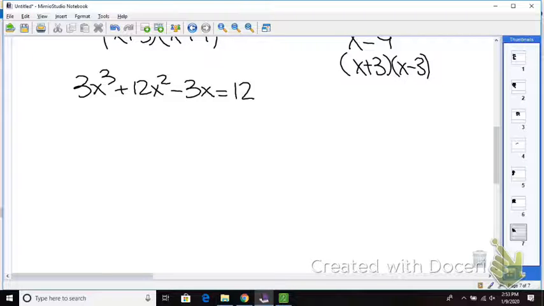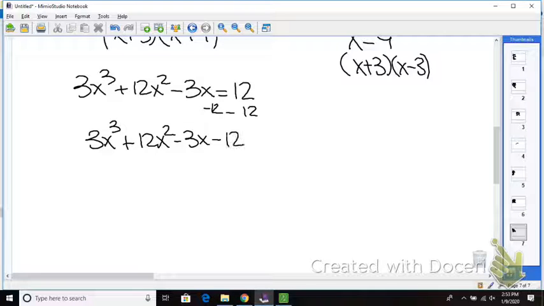I need to make it equal to 0. Even though we're not solving, I still want all my terms on one side. So when I subtract 12 over, I have 3x cubed plus 12x squared minus 3x minus 12. You guys start factoring this on your own. We'll see how far you get, and then I'll jump in.